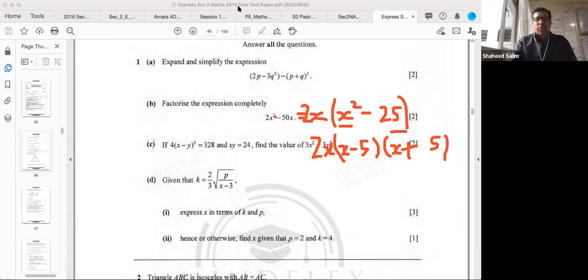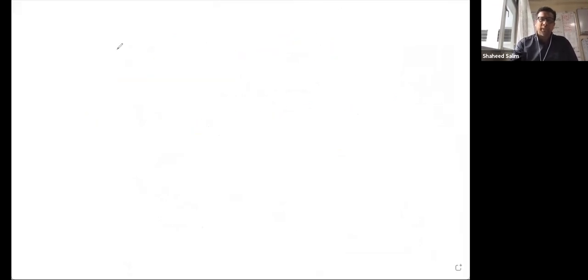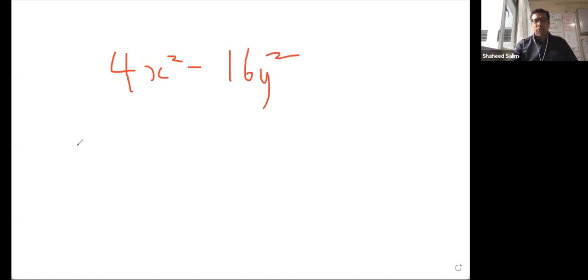Okay, just to boost your memory, we need to go to the whiteboard for a while for you to be able to do this straight. 4x squared minus 16y squared. Can you tell me now what is supposed to be inside this?